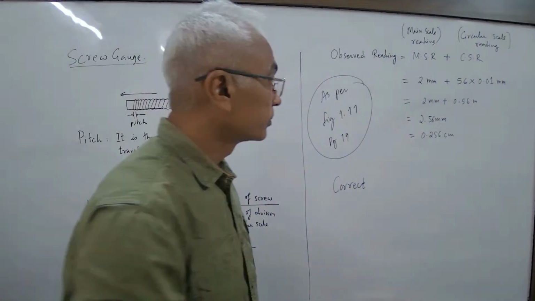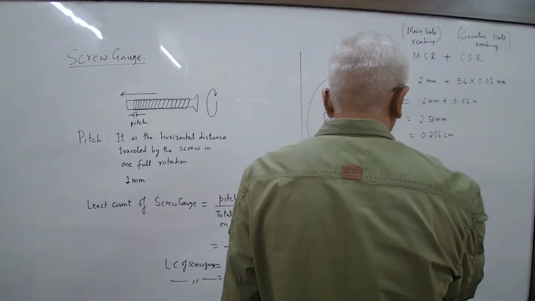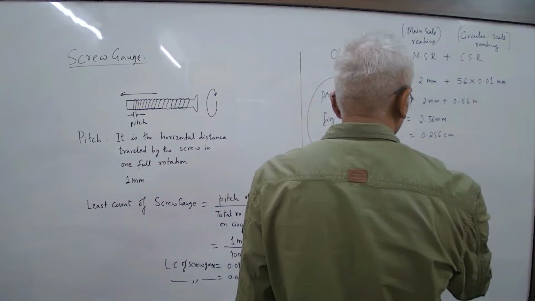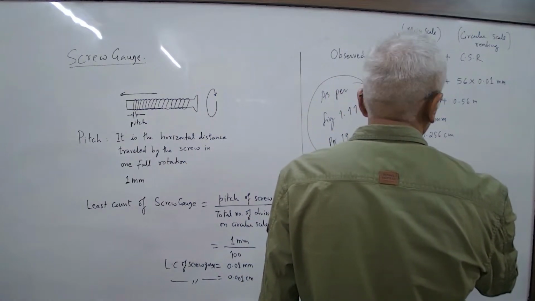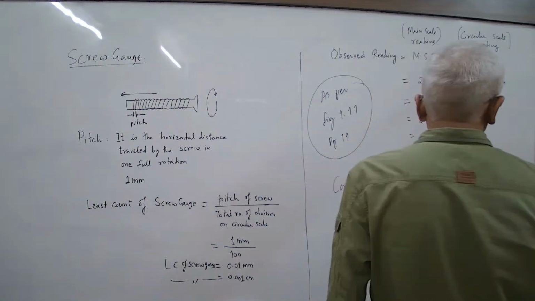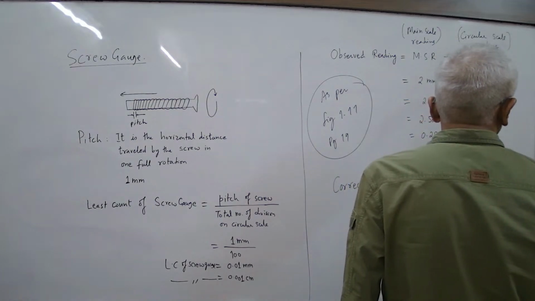Correct reading is equal to observed reading minus zero error with sign.